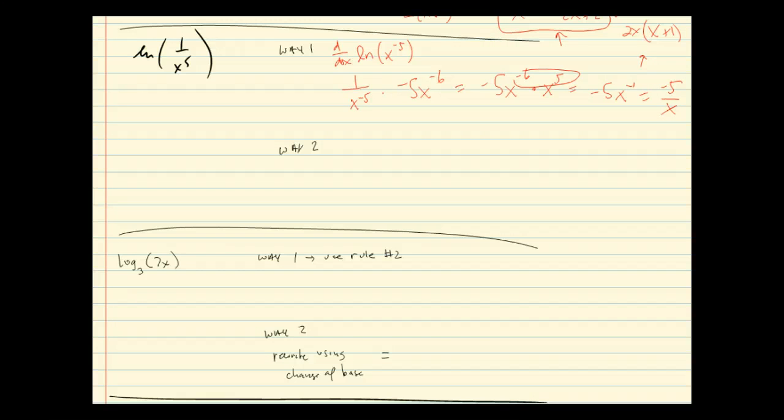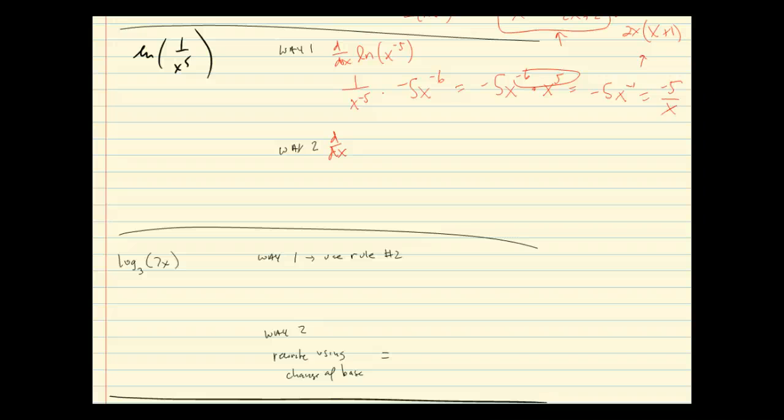Alright. Way number 2, looking at this a slightly different way, might be to use those log rules that we talked about in the last set of notes. And that might be to change this into the derivative of, this is a quotient because you have 1 over x to the 5th.